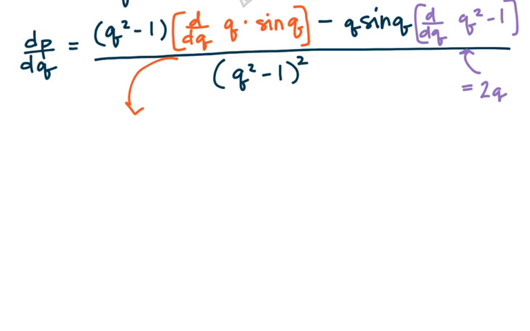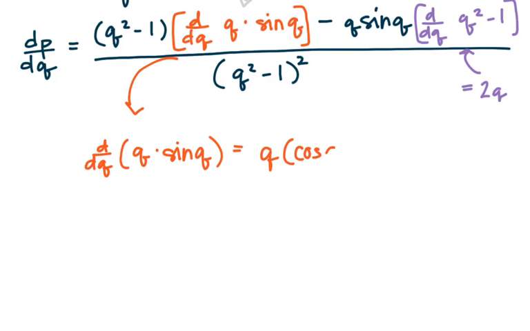So that derivative, the derivative with respect to Q of Q times sine of Q, equals Q times the derivative of the second, the derivative of sine Q is cosine Q, plus sine of Q times the derivative of Q, which would be 1. Right, so I don't need to write that 1 there.